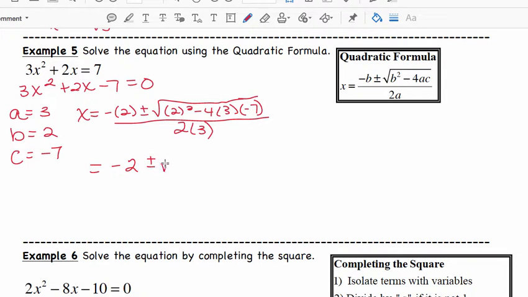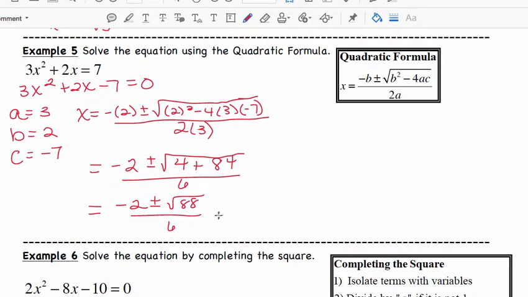I get plus or minus the square root of 4 plus all of these numbers multiplied together. Negative 4 times 3 times negative 7 is going to give you 84. And 2 times 3 is 6. And then you're going to get negative 2 plus or minus the square root of 88 over 6. And that's not done yet. This is where it gets a little bit tricky.